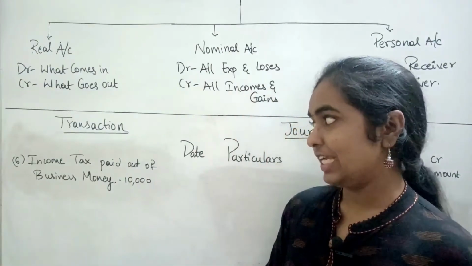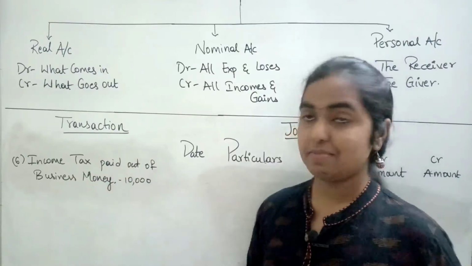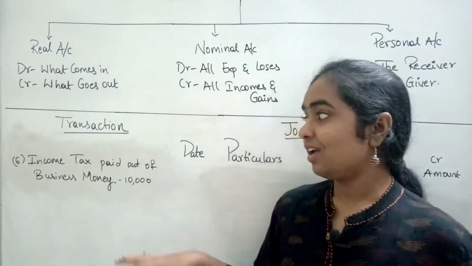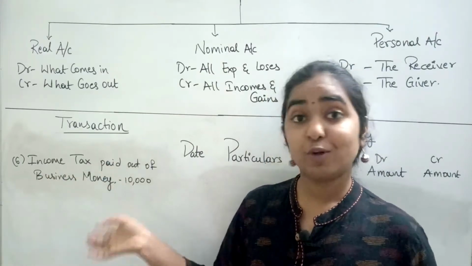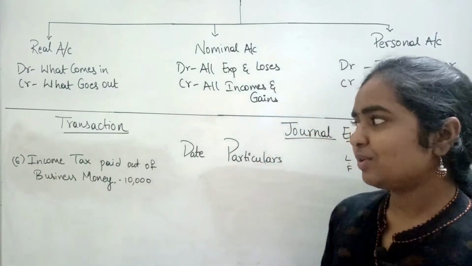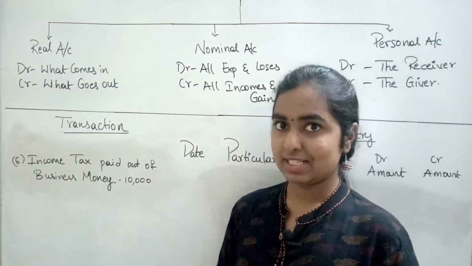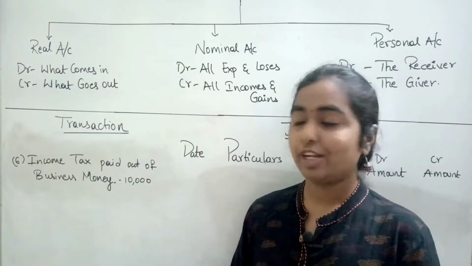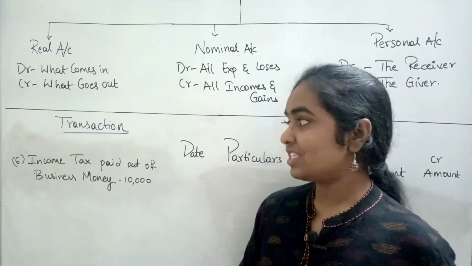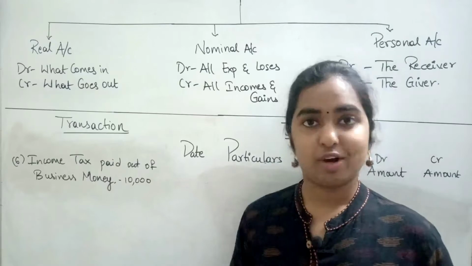So the next transaction is income tax paid out of business money, 10,000 rupees. So here the owner is paying his income tax out of the business money. So this transaction is in the nature of drawings, right? We are not worried about how the owner is utilizing the amount. We just need to consider these types of transactions as drawings only.